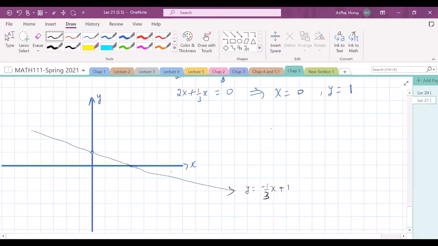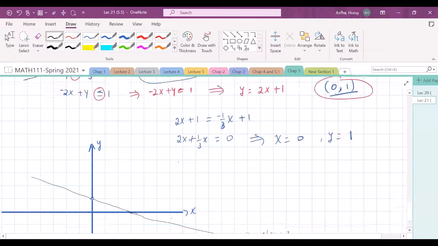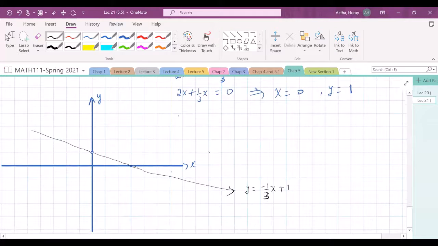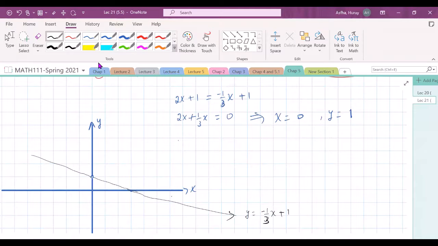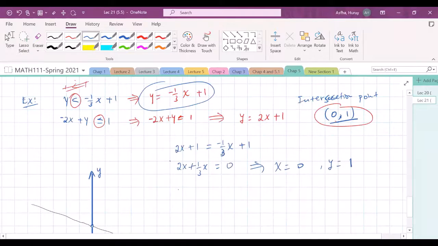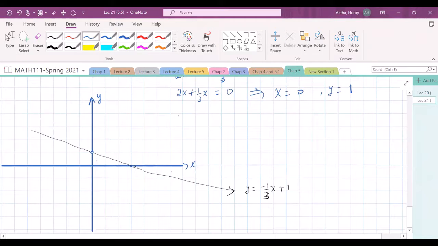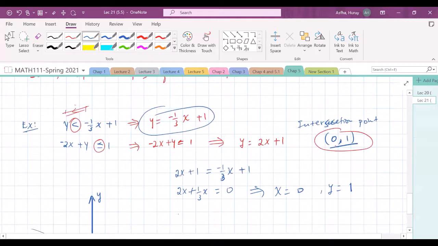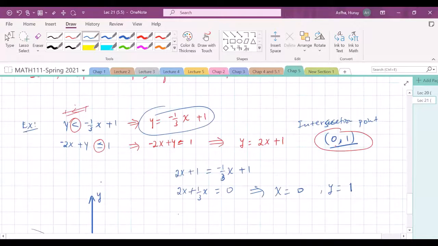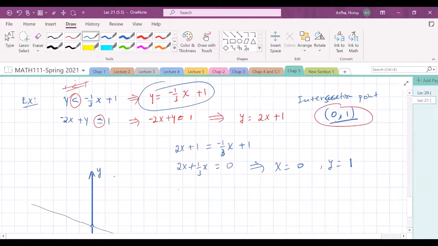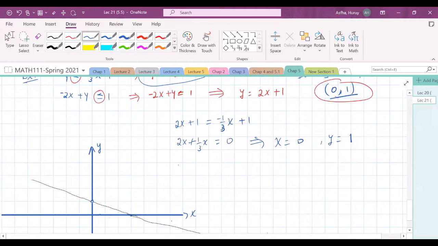And the other one is y equals 2x plus 1. I will use a different color now. So it will be (0, 1), which is this one, and the x-intercept is (-1/2, 0).